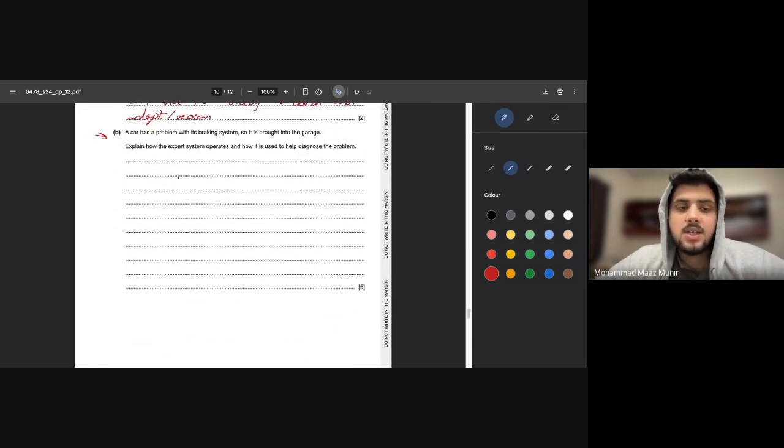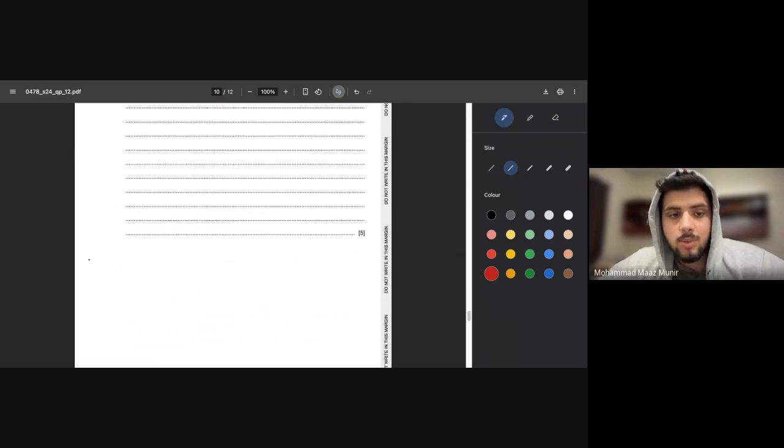And then in B part, it is talking about how there is a car which has a problem with its braking system. So it is brought into the garage. And now you need to talk about how the expert system operates and how it is used to help diagnose the problem. Exactly the same question was discussed at the start of the class. You will have an inference engine, and the inference engine is going to decide what question to ask from the user.